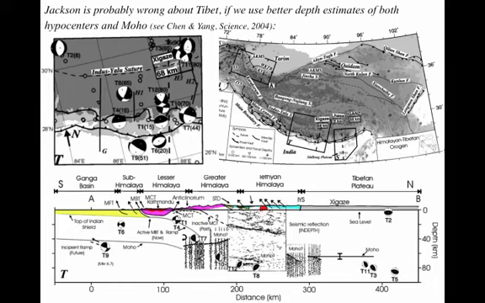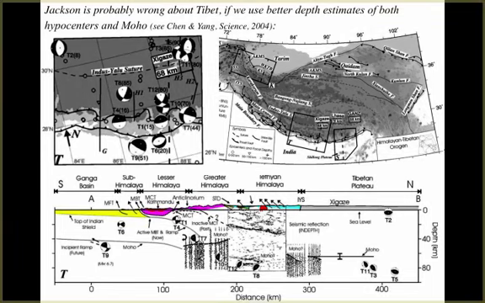He may be wrong about Tibet. If we use better depth estimates of those foci and of the Moho depth, you can see in this seismic profile that the location of the Moho that's estimated may actually reside above some of those very deep earthquakes.